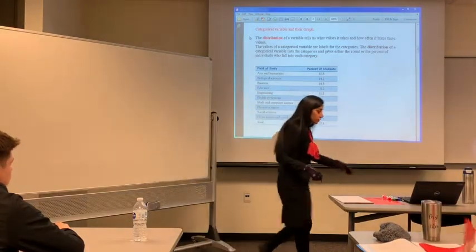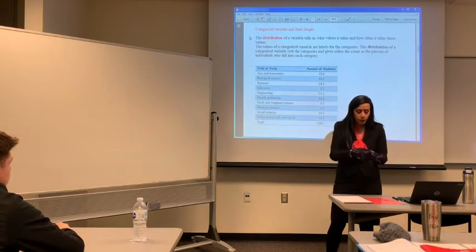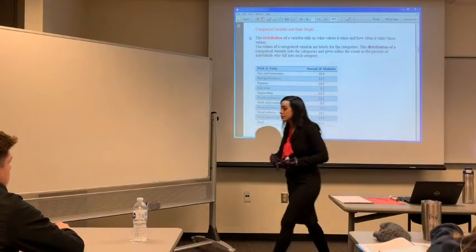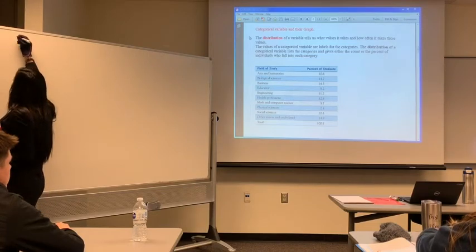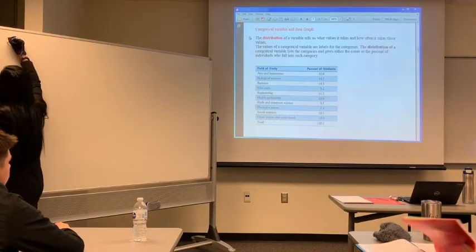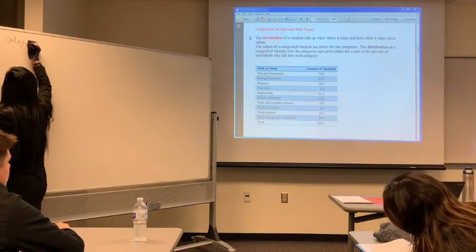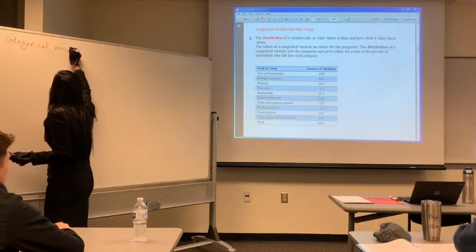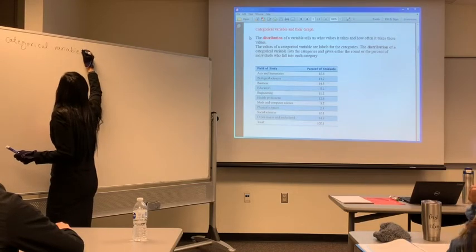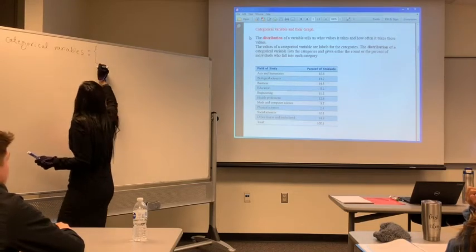So as soon as you recognize what kind of nature each variable has, you will understand what kind of graph you should use. So for categorical variable, we can use just two graphs.